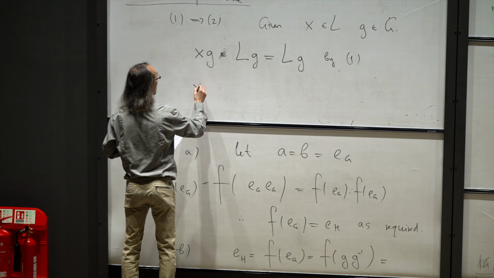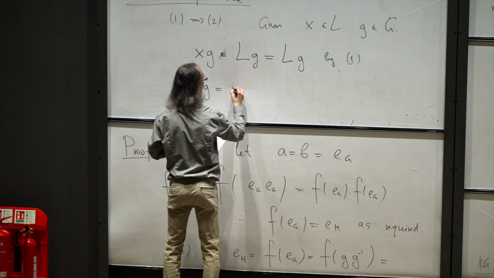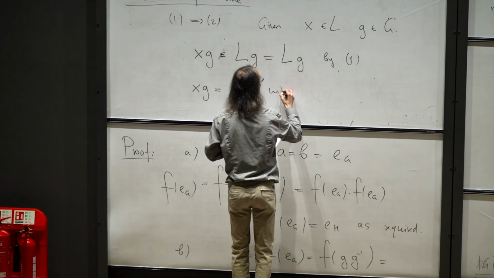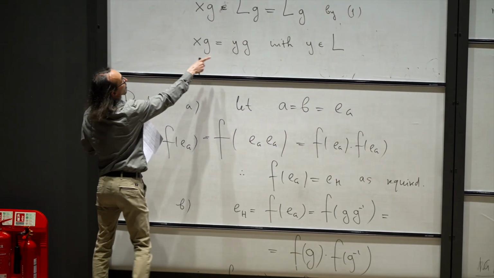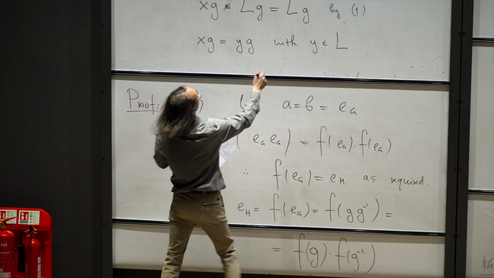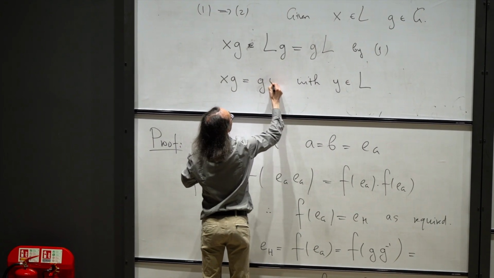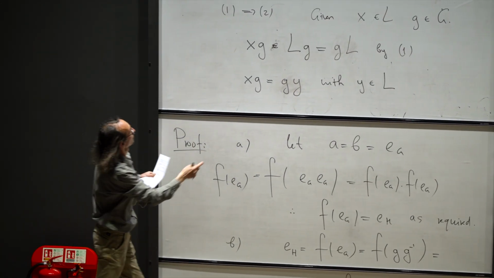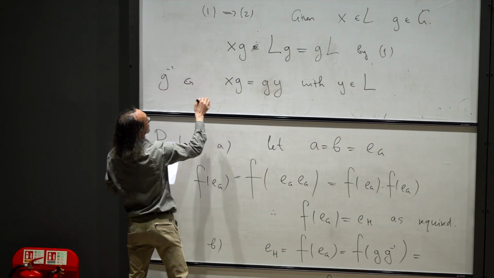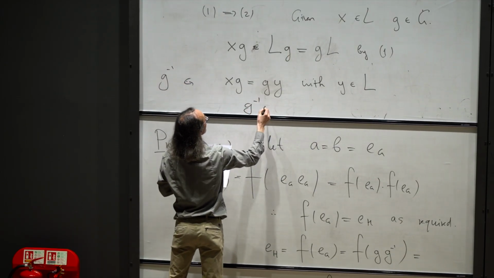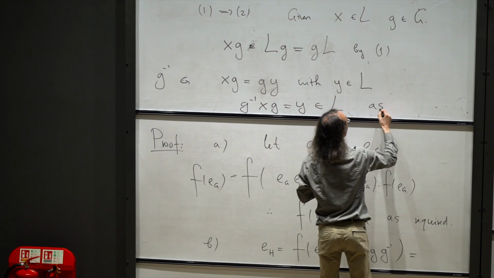Therefore, we can write xg must be equal to something from gL, so to some element gy, with y in L. But now we can multiply by g inverse on the left, and deduce that g inverse xg is equal to y, so it's a member of L as required.